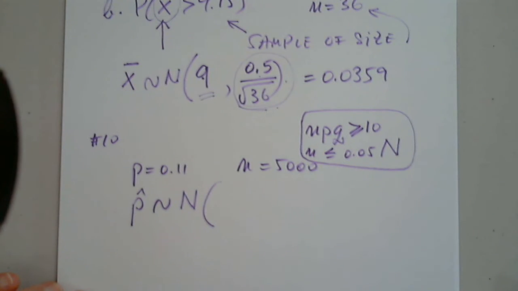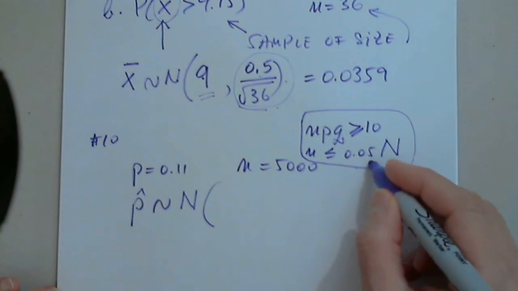So they're not telling us, let me go back for a second to the problem, anything about the population size. So I'm assuming we have to assume that we are sampling less than 5% of the population size. That's what this means.